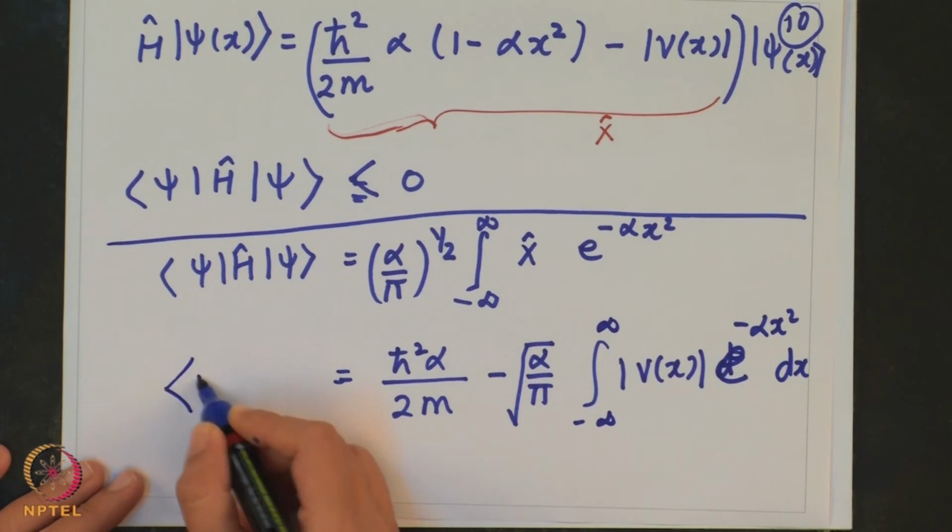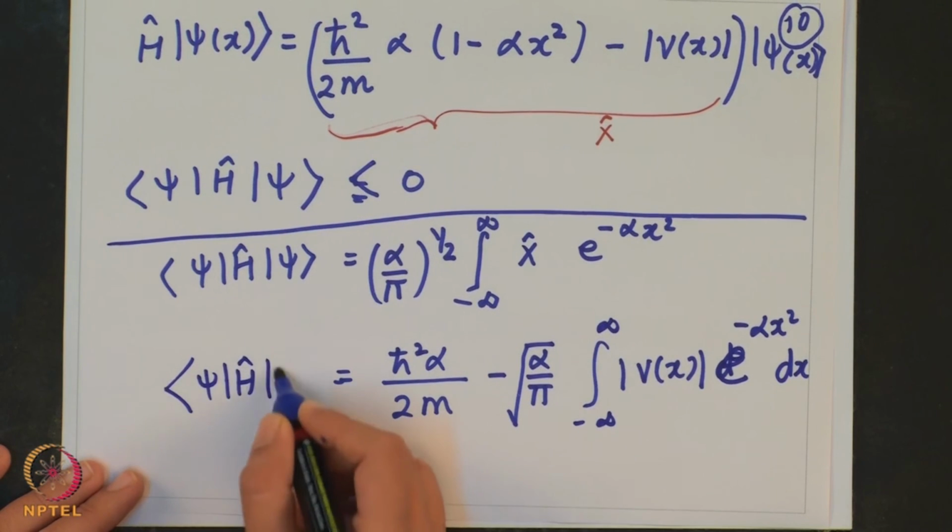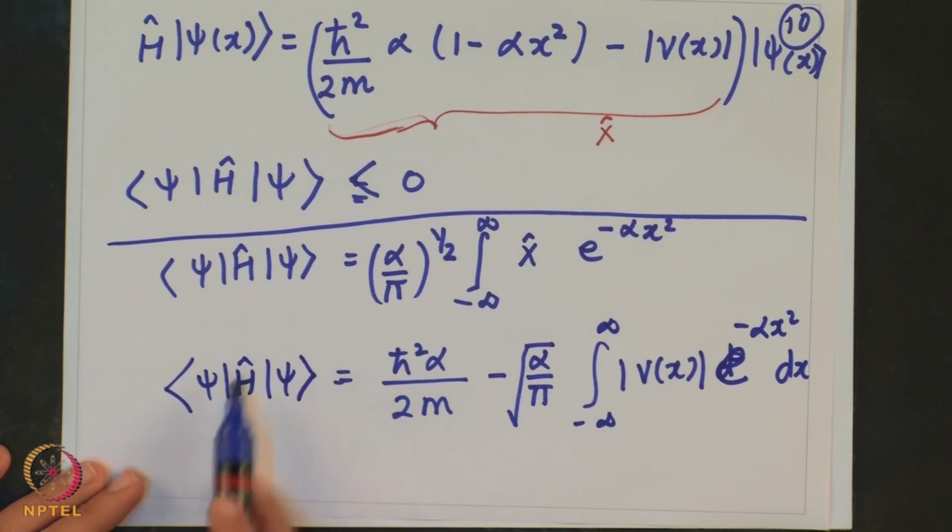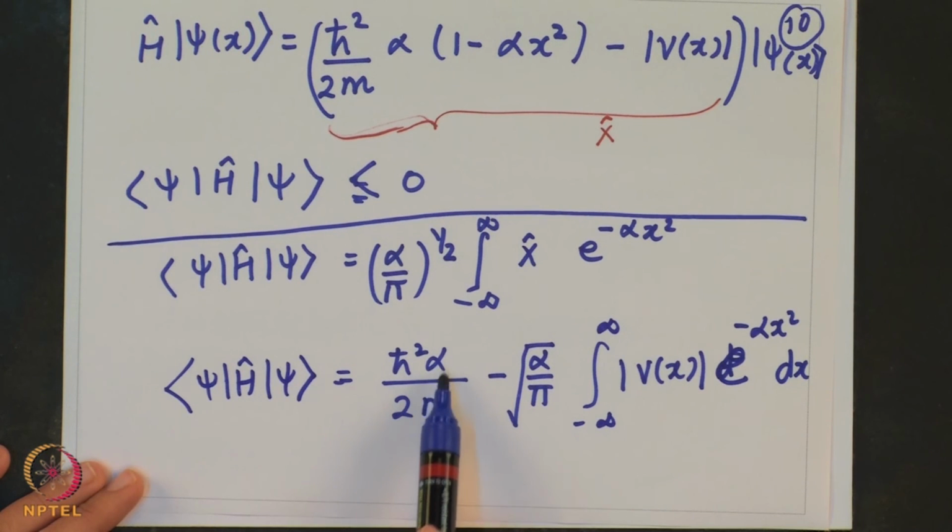Now we can see from here the condition on alpha.